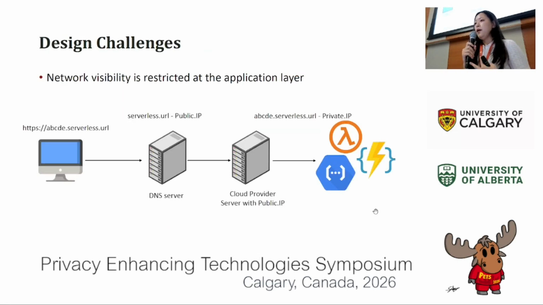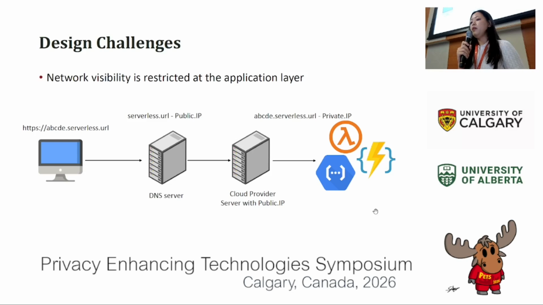However, building serverless functions as a proxy is not as simple as with any other cloud censorship circumvention tool built on infrastructure-as-a-service cloud products, because network visibility in a serverless function is restricted at the application layer. Usually, a serverless function is invoked by a URL address, and a DNS server resolves the serverless URL address to the cloud provider's public IP address.